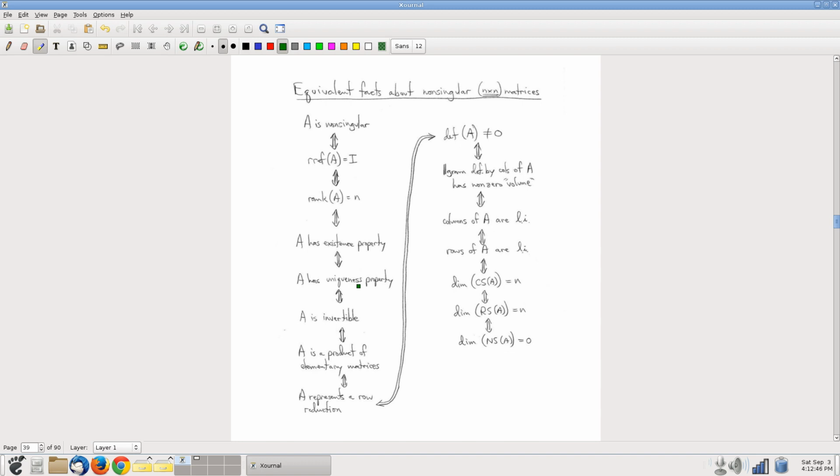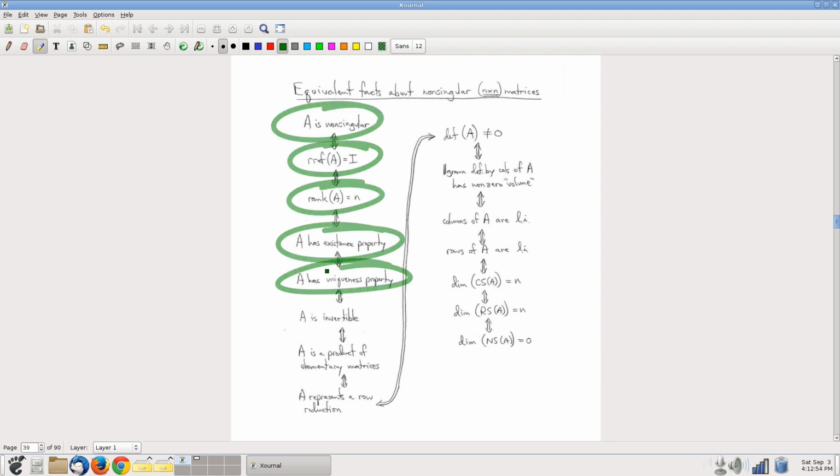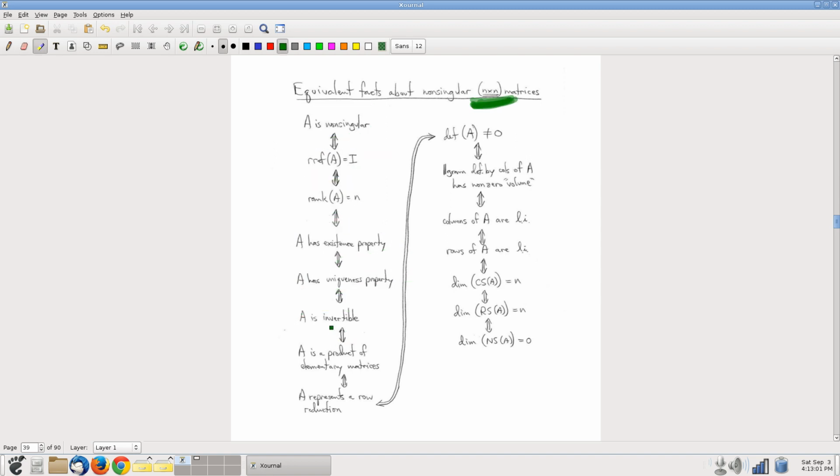You should go through and make sure you recognize all of these properties. The wonderful thing is that all of these properties are equivalent for square matrices. So any square matrix that has one of these properties has every other property.